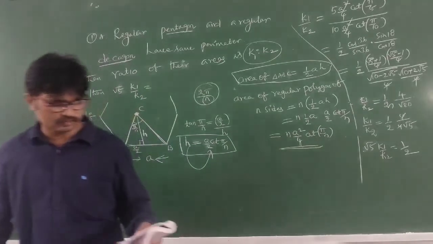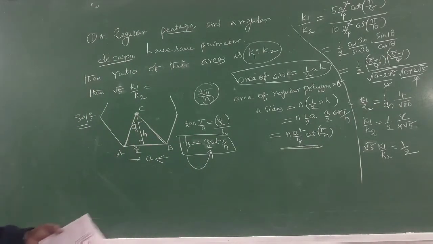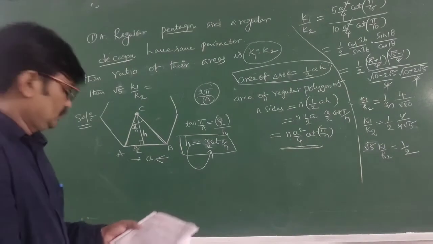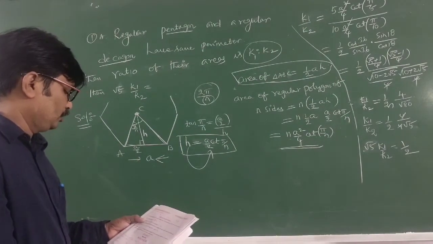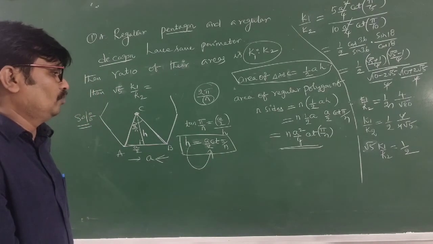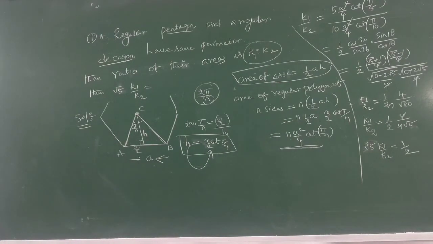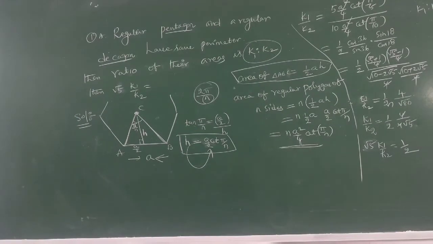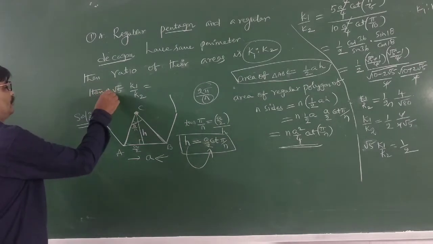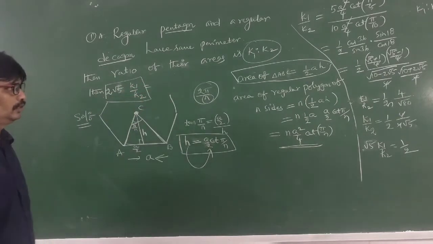Okay students, K1 by K2 is 1 by 2. The question is 2 root 5 into K1 by K2.